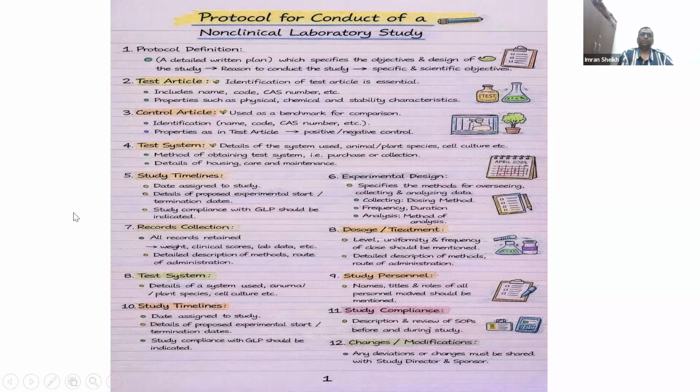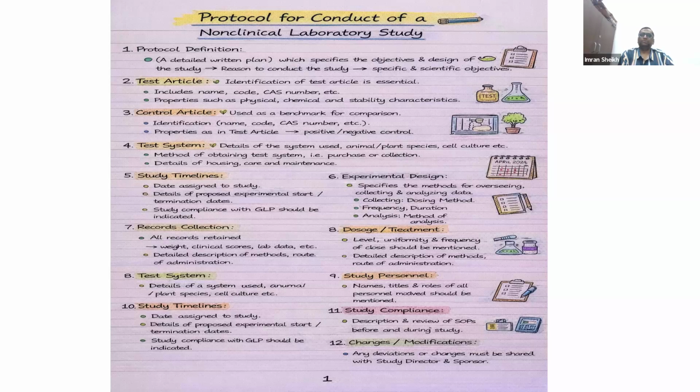Now if we talk about the study timelines, they include the dates assigned to the study, details of the proposed experimental start and termination dates, and thereafter the compliance of the study with the GLP should be indicated. Now if we talk about the experimental designs, they specify the method used for overseeing, collecting, and analyzing the data.